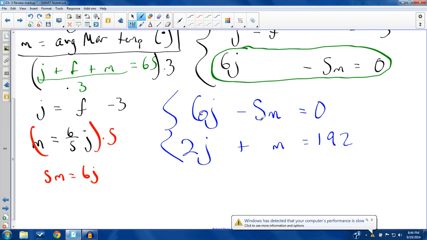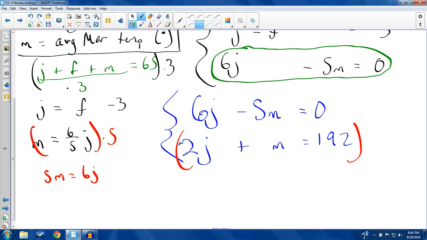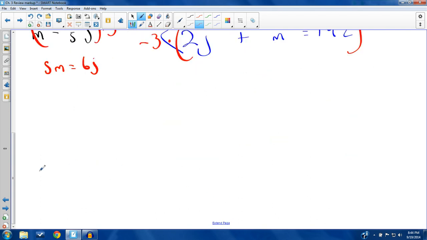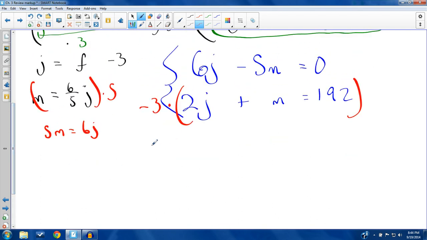Let's multiply the bottom. It looks like I got to multiply the bottom either by 5 or by negative 3. And it looks like I still have to multiply by 192 anyway. Let's multiply the bottom by negative 3. Practice that negative stuff. Okay? We'll get, instead of that 6, so we got 6j minus 5m equals 0.